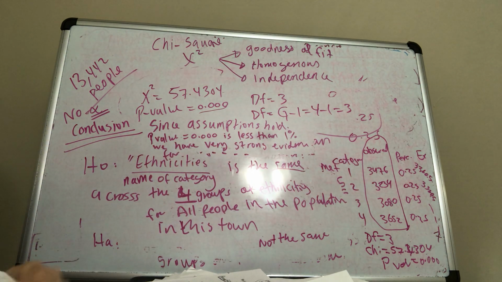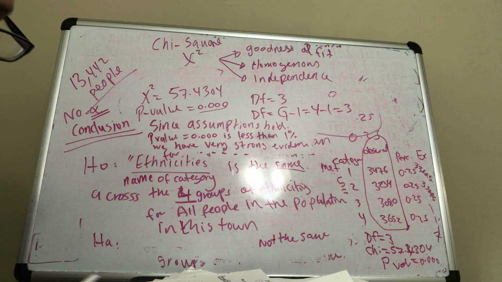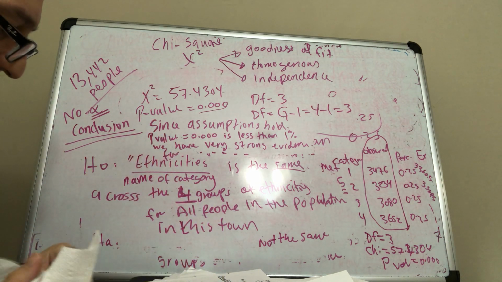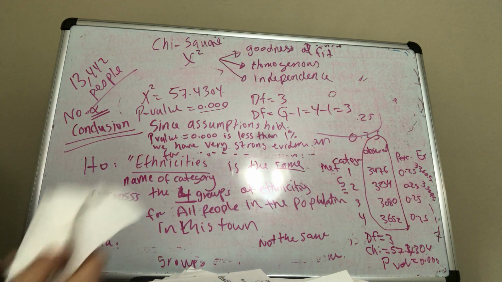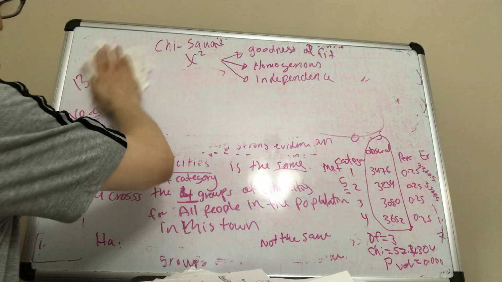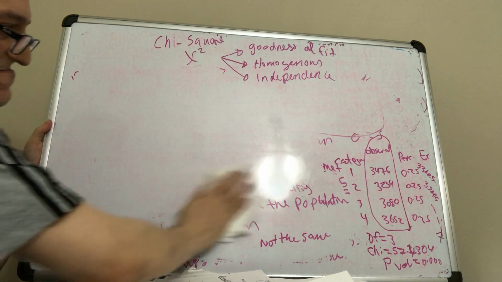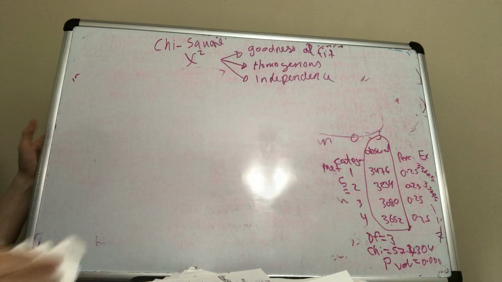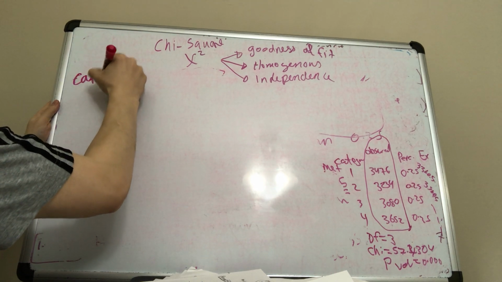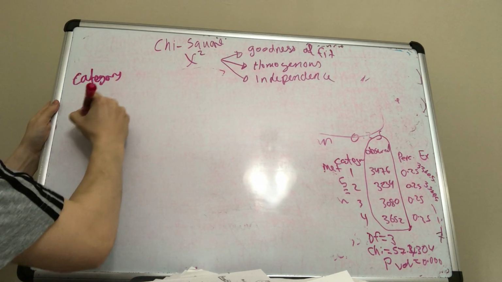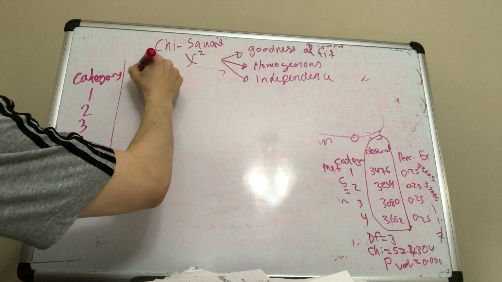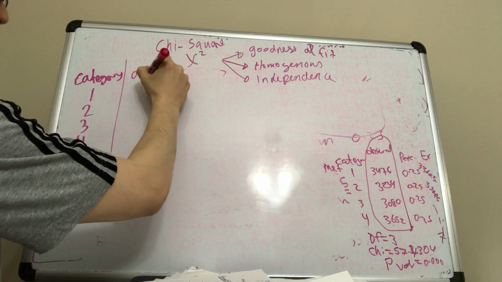I want to talk about this a little bit because I know that he, in the exam, will ask you for some calculation. So I'll talk about it briefly. So again, for the category, there are 4 different groups. You're always going to be given the observed.